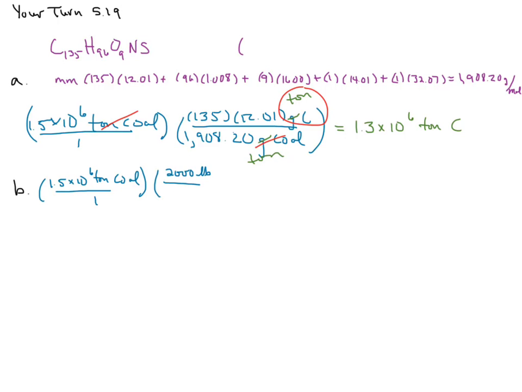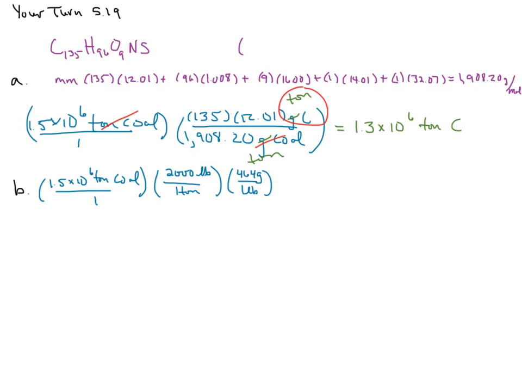There are 1,000 pounds in 1 ton. Now remember, I'm doing this so tons of coal will cancel. And then they also gave the relationship between pounds and grams. There are 464 grams in 1 pound, so the pounds will cancel, and we're left with grams.